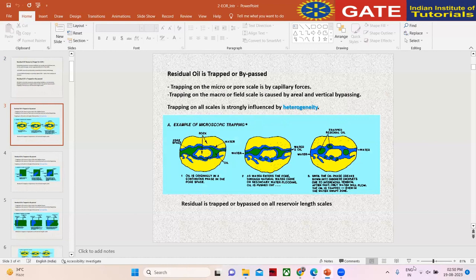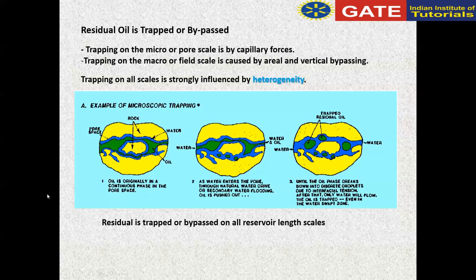When you see this figure, initially the green part will represent your oil, and the blue part will be your water.